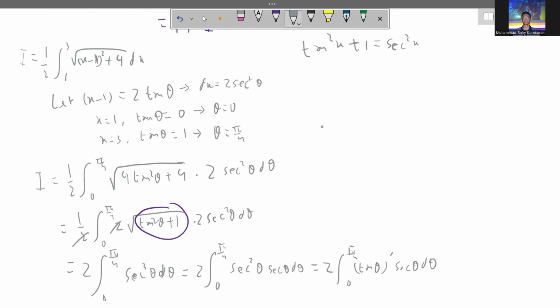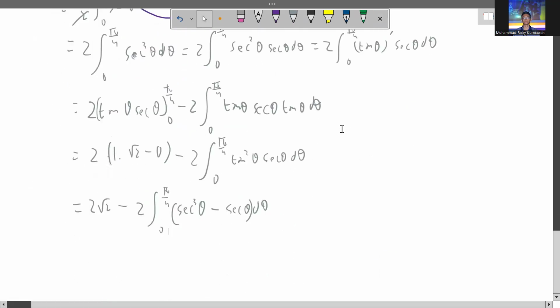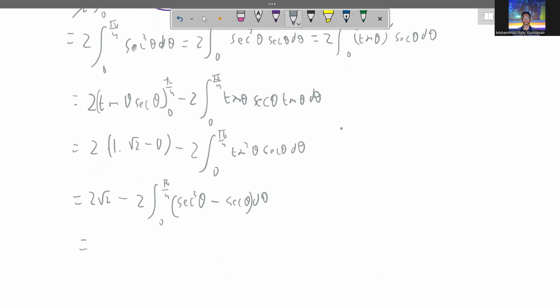Yeah, because you moved the 1 to the right hand side. And then we can simplify it further just to make it easier to see.